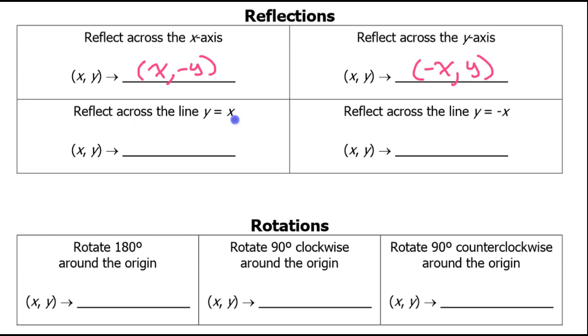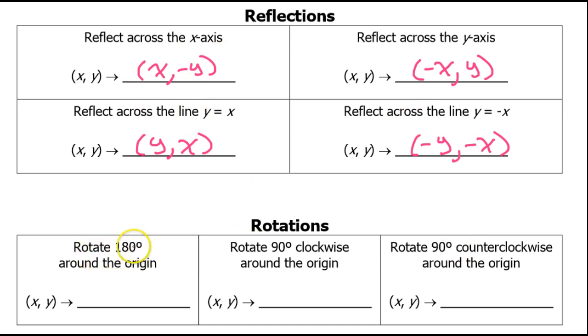Reflecting over the line y equals x, it's going to be y, x. Reflecting across the line y equals negative x is going to be opposite of y, opposite of x. And you just need to memorize these 7 rules, starting with these 4. You have to memorize them.